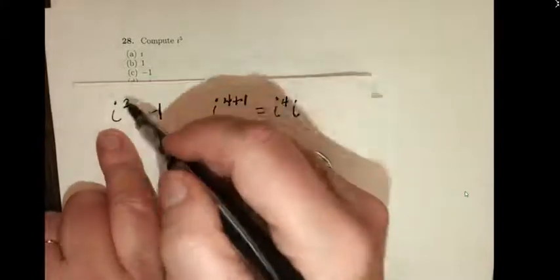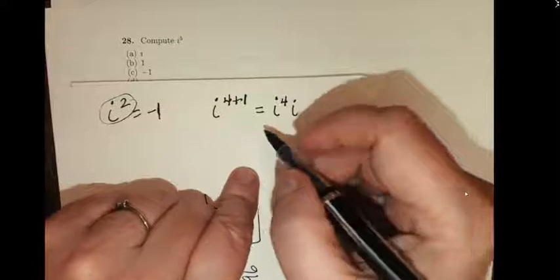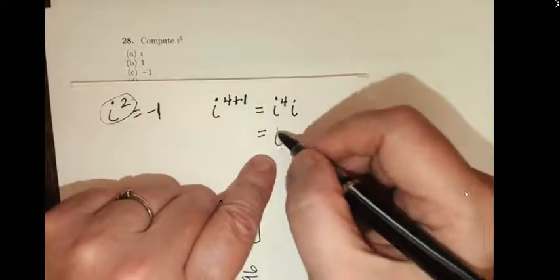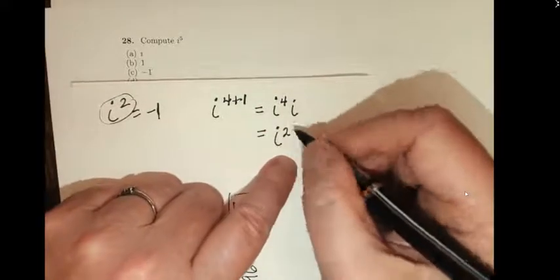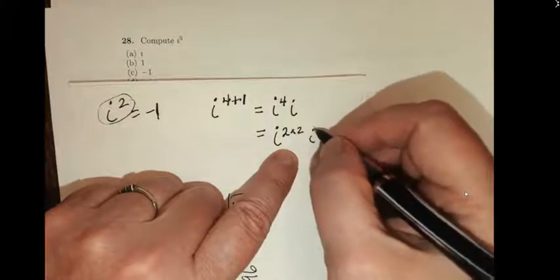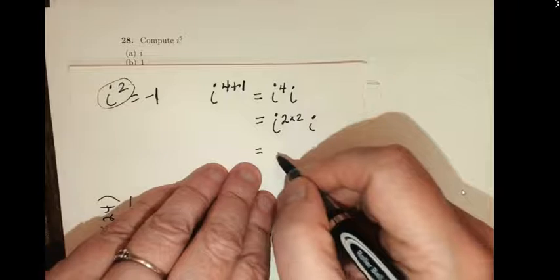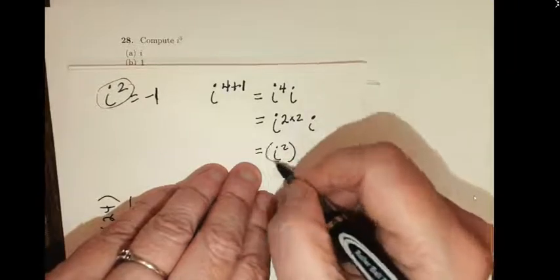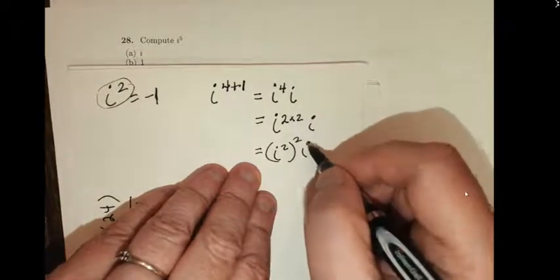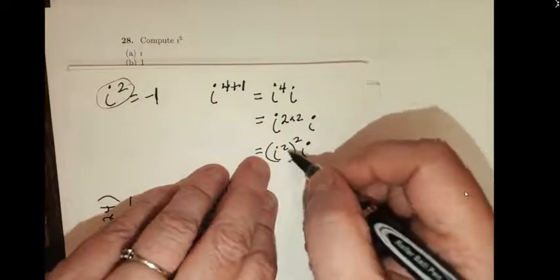And now, because I know this, I'm going to rewrite 4 as 2 times 2. And then using the exponent rules, that's the same thing as i squared, all squared. So the exponent rules say you multiply those.